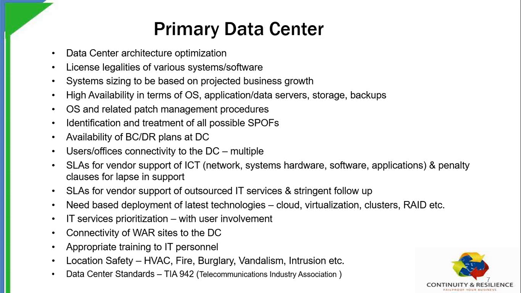How is fire managed? Do you have an FM200, a fire suppression and fire detection system in the data center? All this will be part of business continuity. Your access control system will be part of your information security. And your high availability, etc., will be your ITDR. So all this is actually overlapping each other.